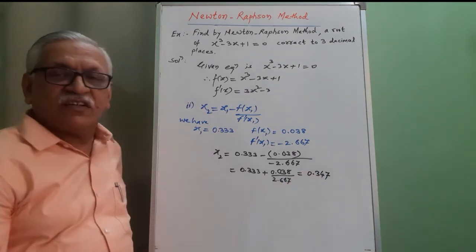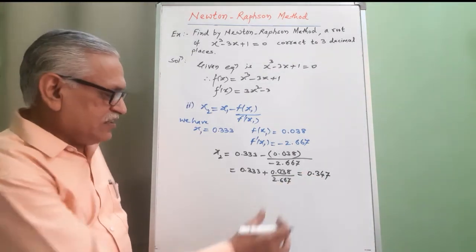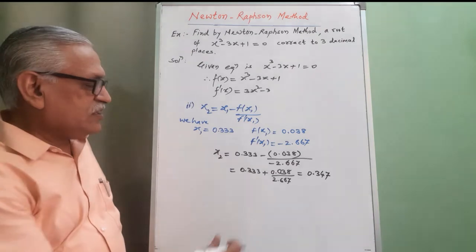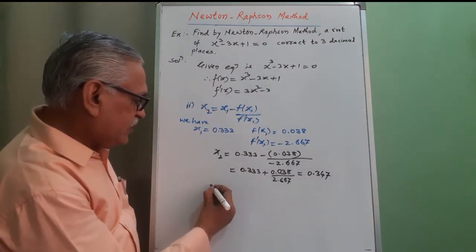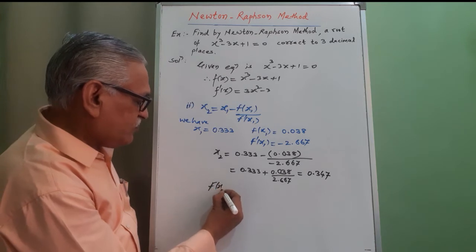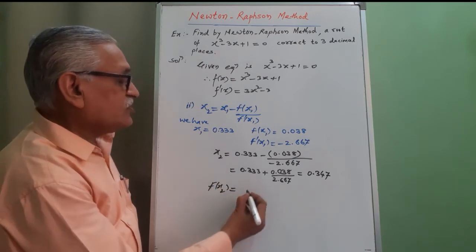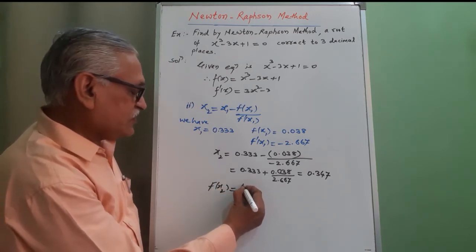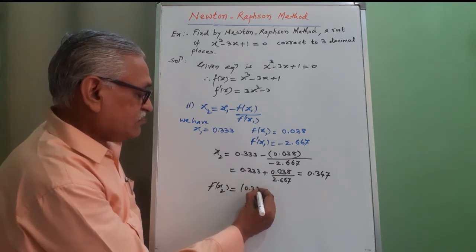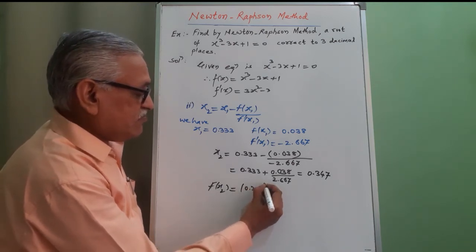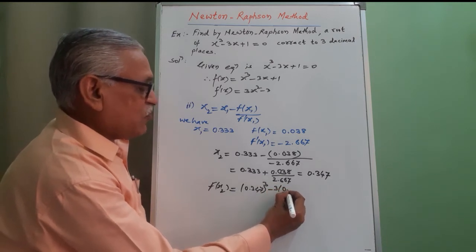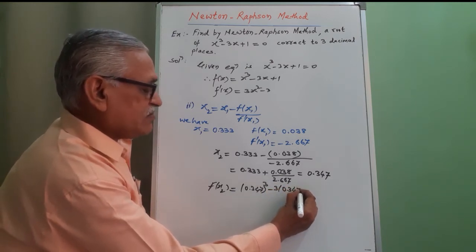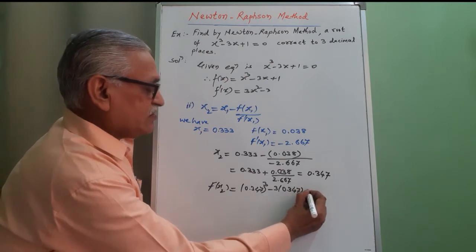Then we check once again whether this value can be called the root by finding the function value at that point. Therefore f of x2 equals 0.347 cube minus 3 into 0.347 plus 1.